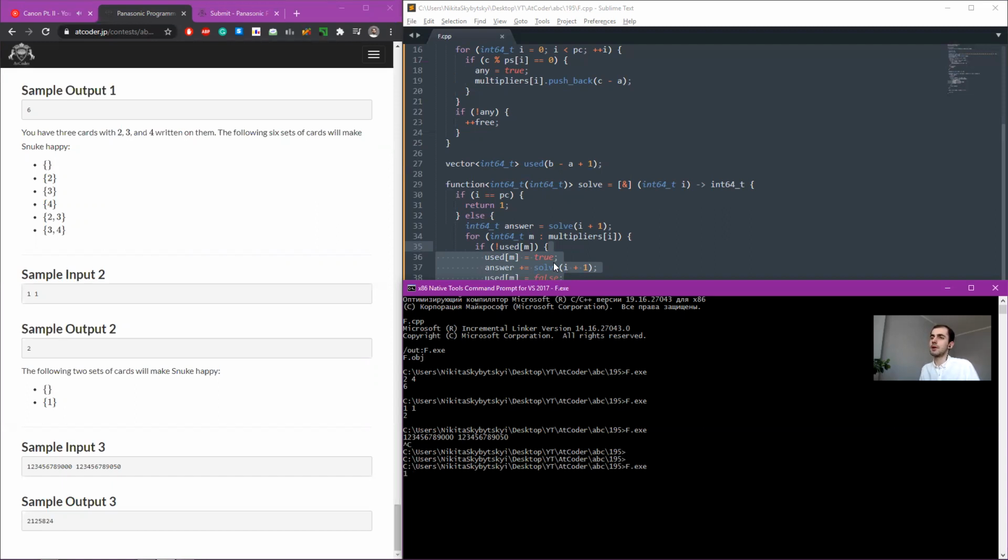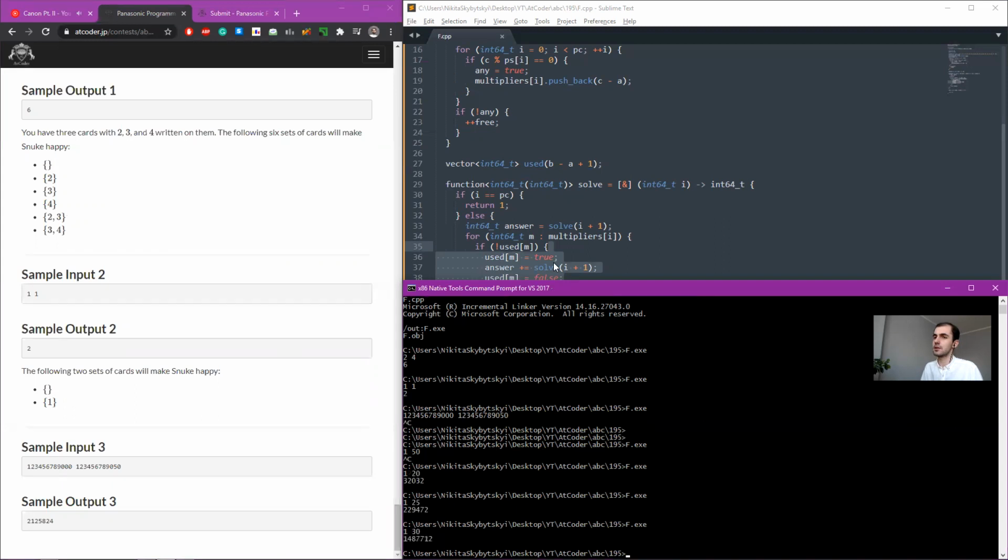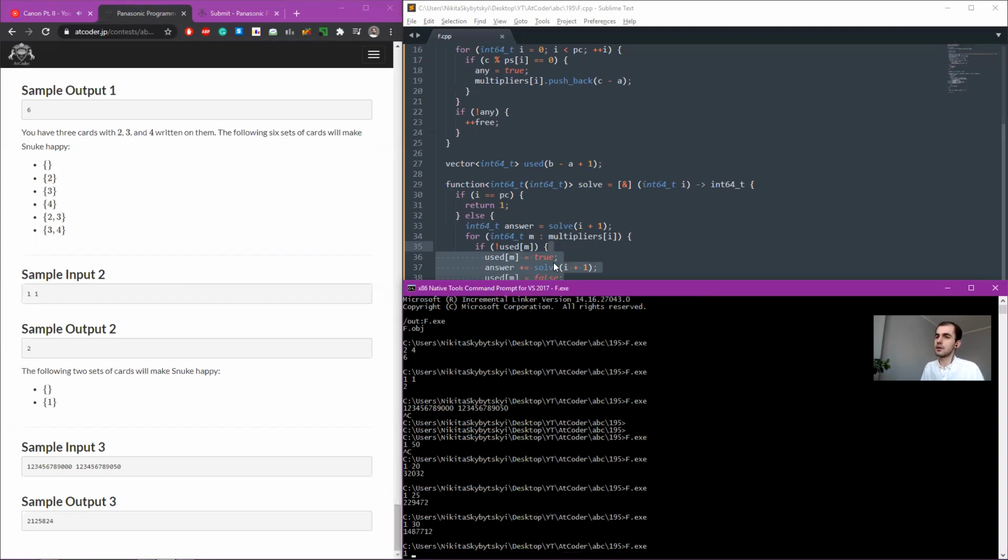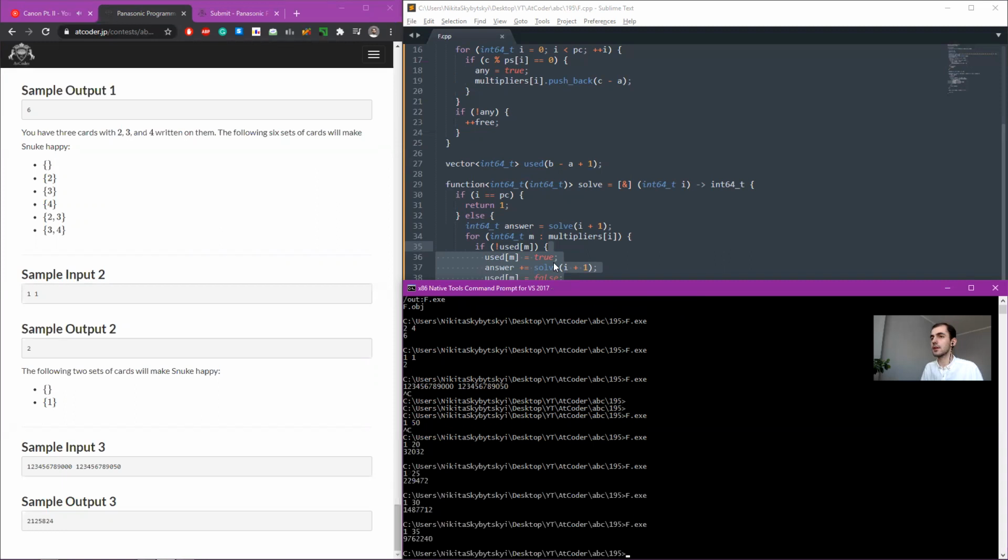Now I say 150. It's also going to be very slow. Okay, 120. Okay, 120 is instantaneous. 125 is also instantaneous. 130 took a while. 135 takes a lot of time.